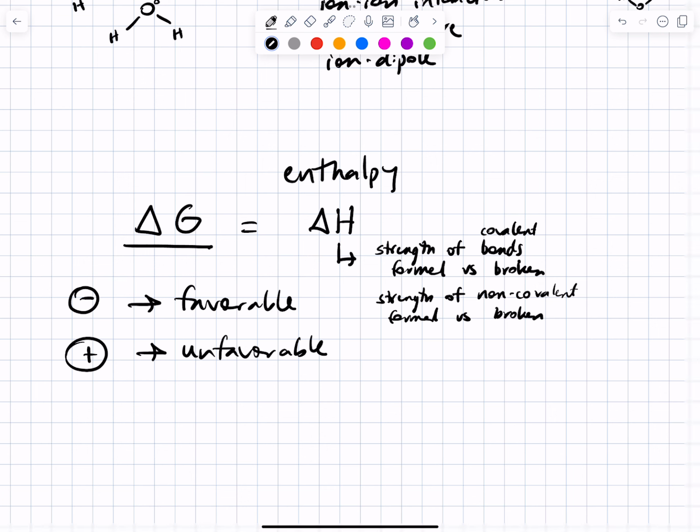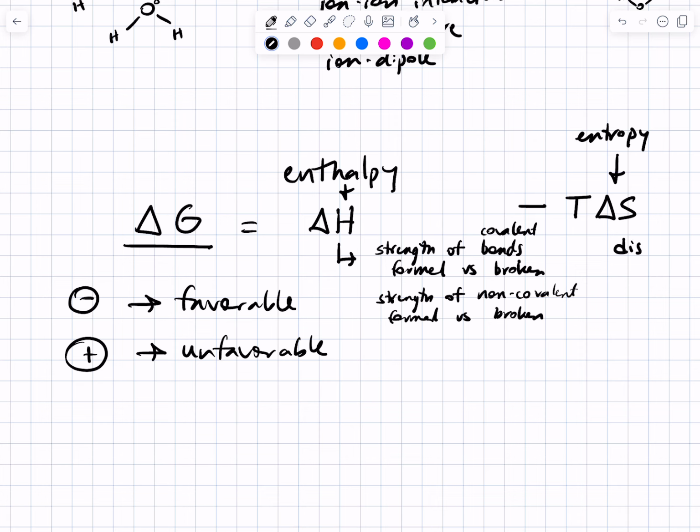The other portion of delta G comes with a negative sign times temperature times delta S, and this is entropy, and entropy means disorder.